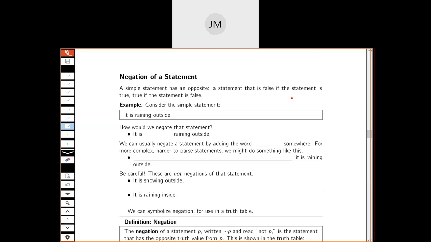So we want to be very careful and deliberate about what we do. However, the intuition that you have about things, we want to build off of. It's typically going to be the right direction to go. Okay, so let's just go ahead and dive in and look at something called the negation of a statement.